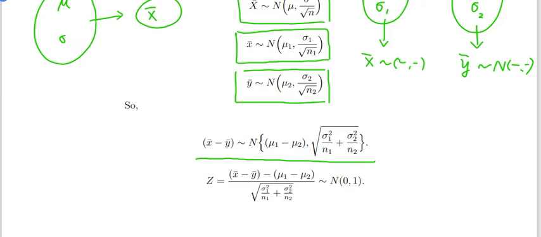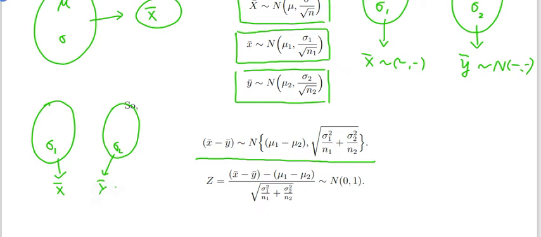For this population the standard deviation is sigma 1, for this population sigma 2. For x bar minus y bar, we cannot use sigma 1 minus sigma 2.